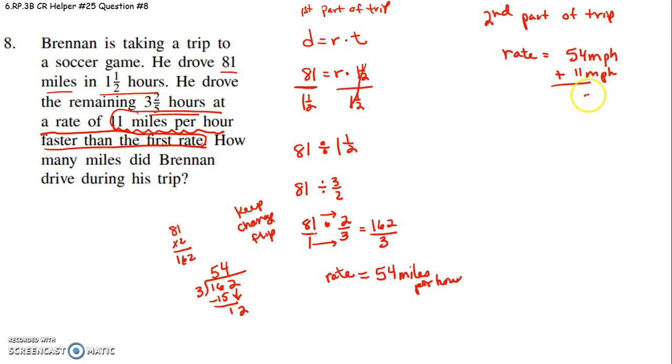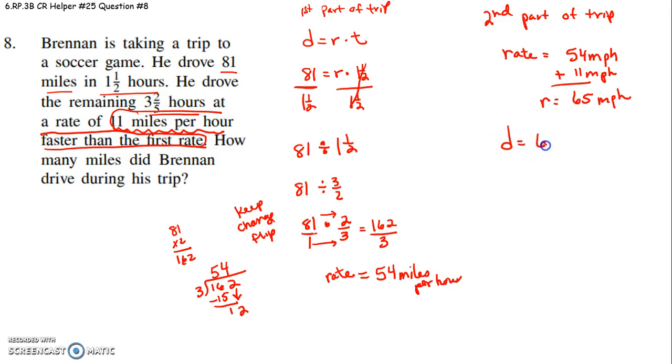So 4 and 1 is 5, 5 and 1 is 6. He must have maybe been on the thruway at that point where you can travel 65 miles per hour. So he took that rate, 65 miles per hour, and he traveled for 3 2/5 hours at that rate.